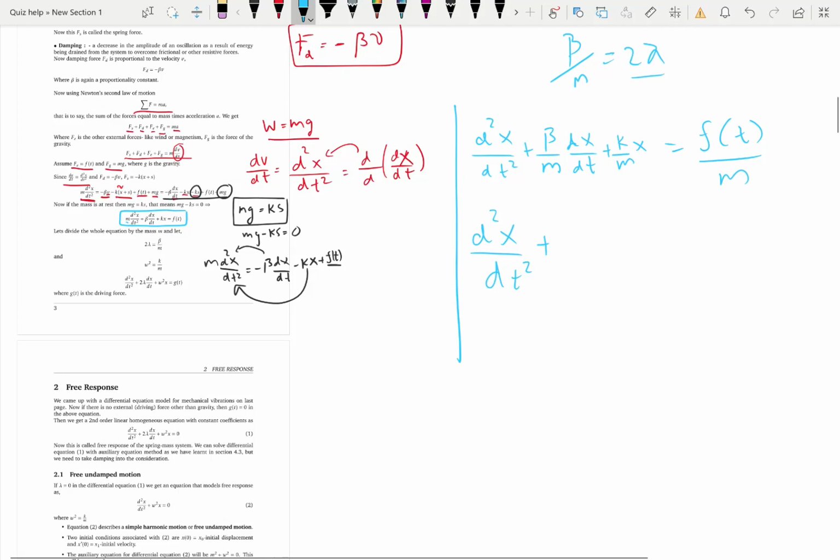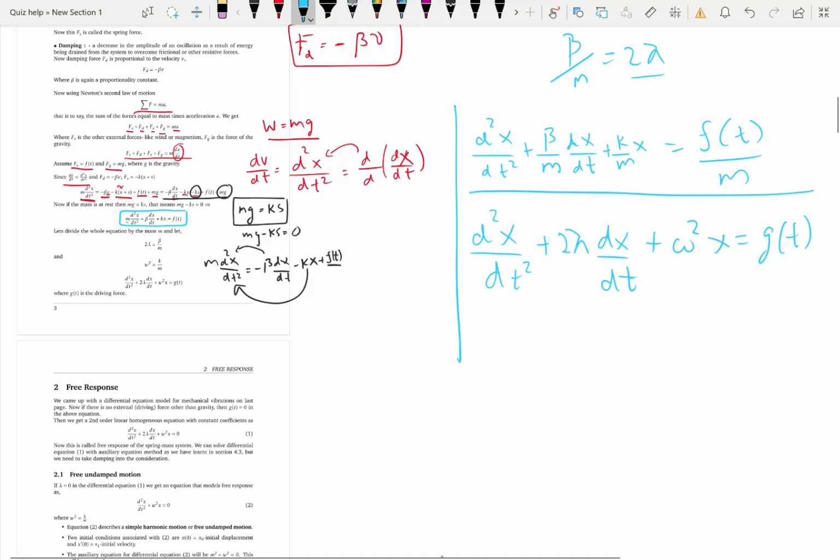Why 2 lambda? Lambda is just an arbitrary letter that I choose. Why 2? Let's see it later, because it helps our simplification when we are solving them. So just for now, I arbitrarily choose 2 lambda. Okay, and let's say k over m is w squared. Why w squared? That's to help our simplification later in the chapter. Okay, so f over m, let's call it g.